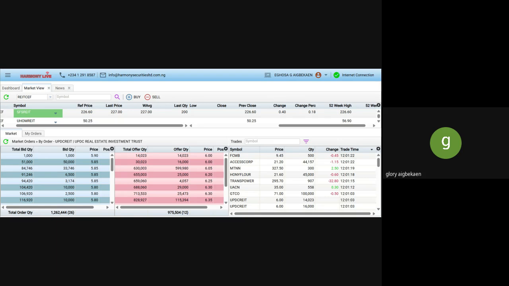So it's a period where most companies are expected to draw their earnings reports. And you know what happened during that period? For companies that would do very well, it is expected their price will be going up.